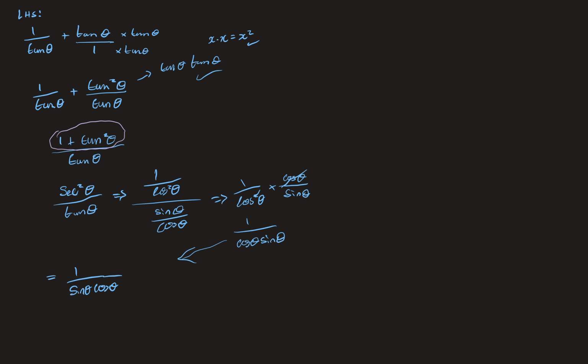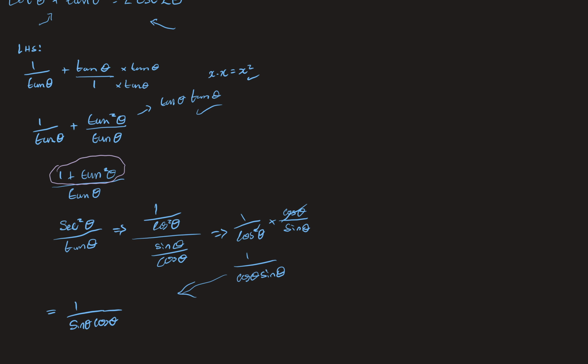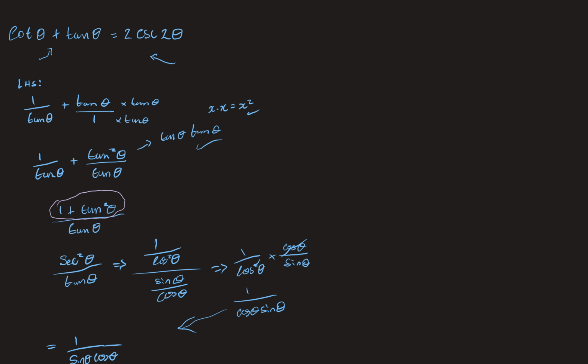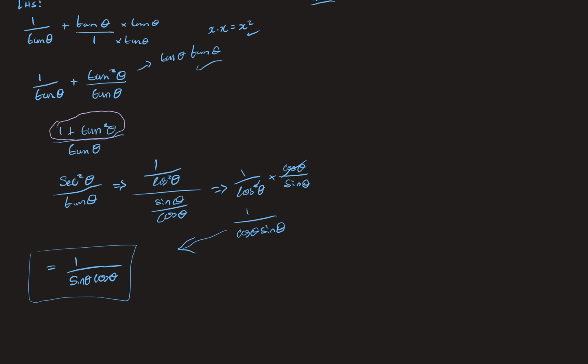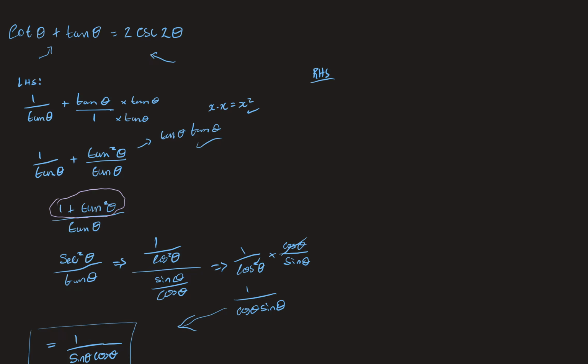So if we can't do anything more to it, we have the right side left. When proving trig identities, you can interchange between two sides. You can simplify one side and see what you have to do for the other side to make it equal. But again, we can't do anything more to this, so we move on to the right hand side.